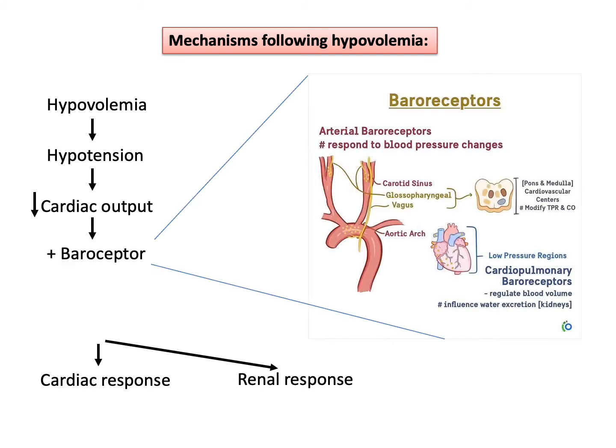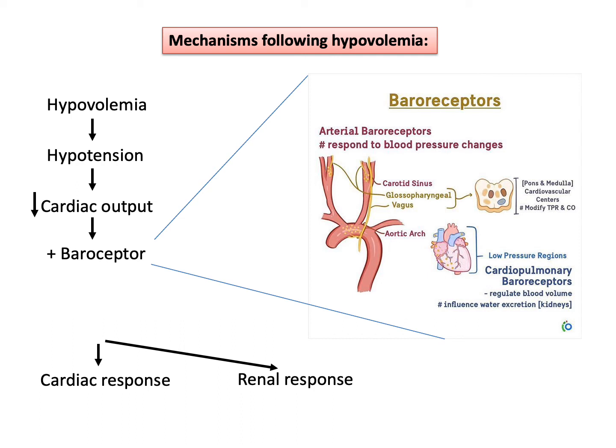Let's review mechanisms following hypovolemia. Following hypovolemia, hypotension sets in, which leads to decreased cardiac output. This will lead to stimulation of baroreceptors. These receptors are located in the carotid sinus and aortic arch. They respond to changes in the intravascular volume. This will stimulate the renin-angiotensin system and sympathetic nervous system. This will lead to a cardiac response and a renal response.